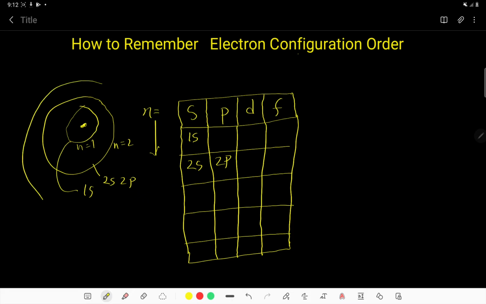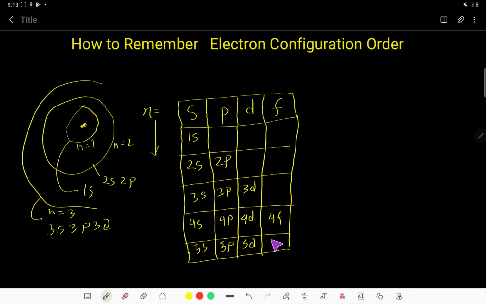In the third energy level, look, we'll get 3s, 3p, 3d. In the fourth energy level, we'll get 4s, 4p, 4d, 4f, right? In the fifth energy level, we get 5s, then 5p, 5d, 5f, right?